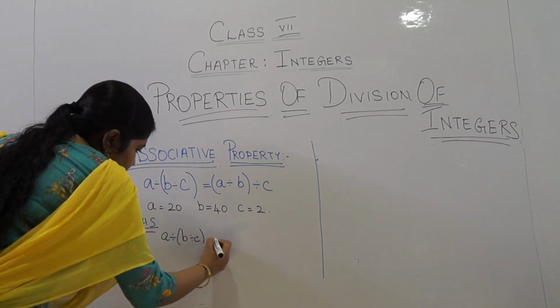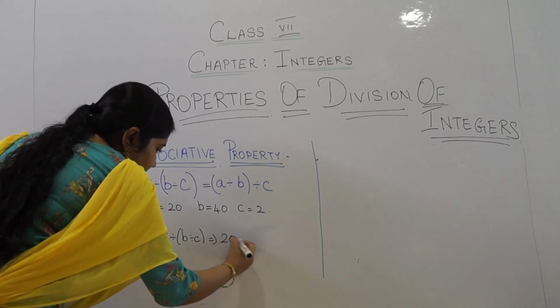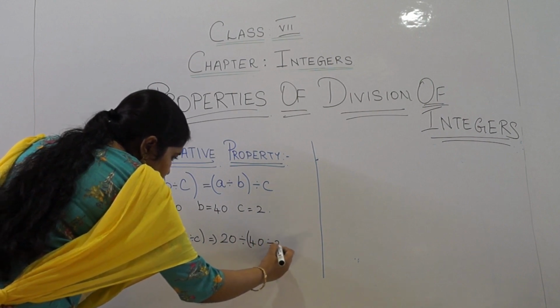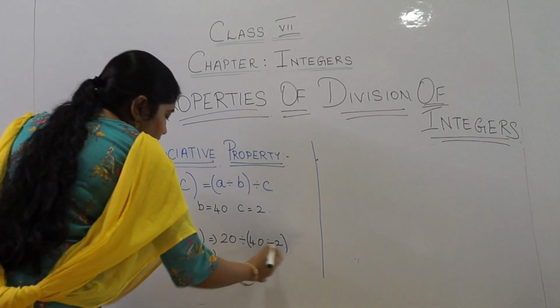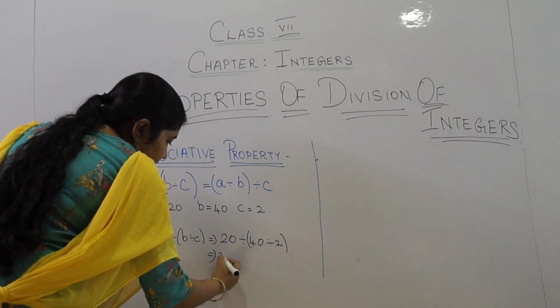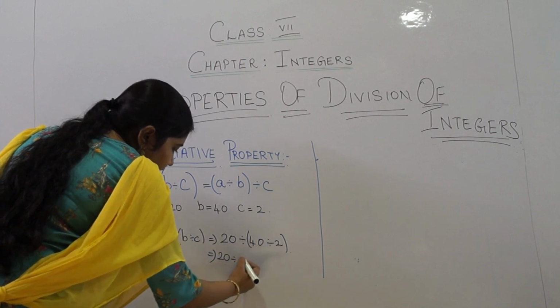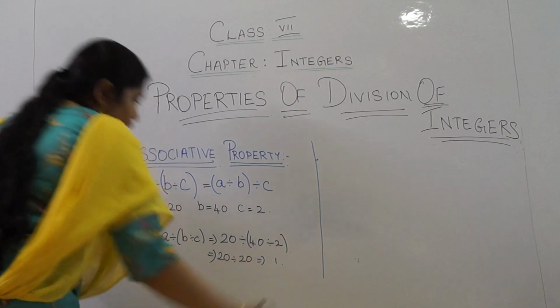When I substitute the values, I get 20 divided by (40 divided by 2). What is in the bracket should be solved first. So what is 40 divided by 2? It is 20. So 20 divided by 20 is 1.